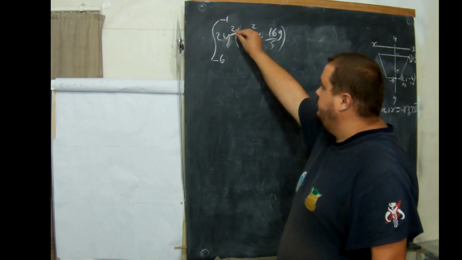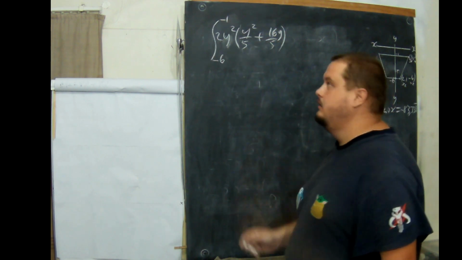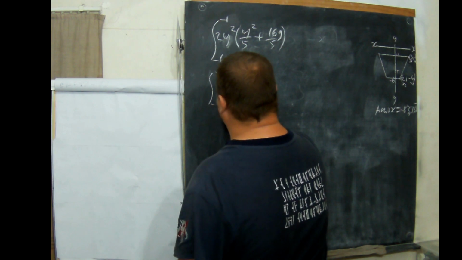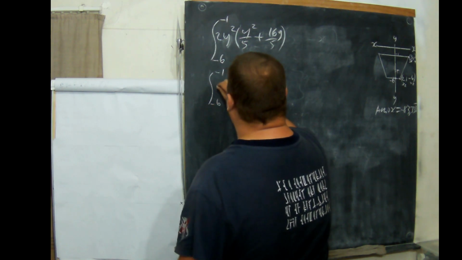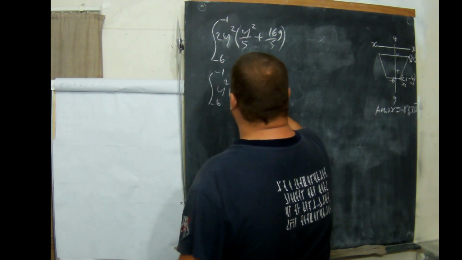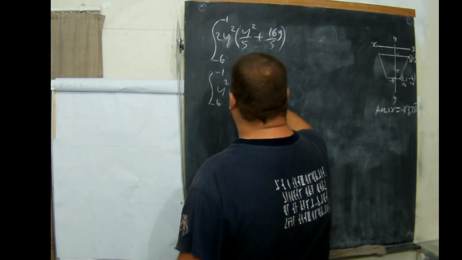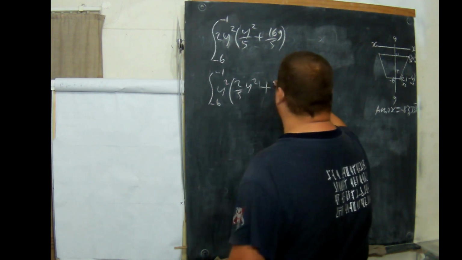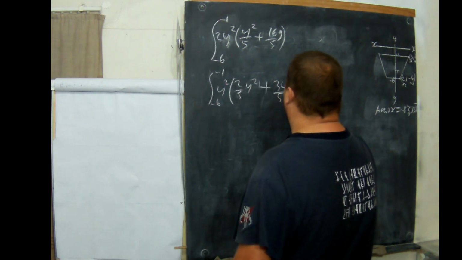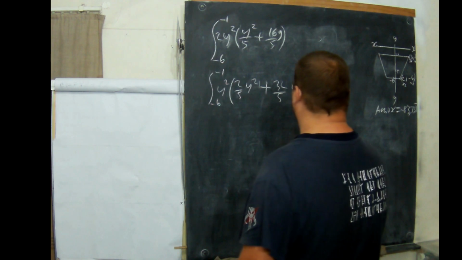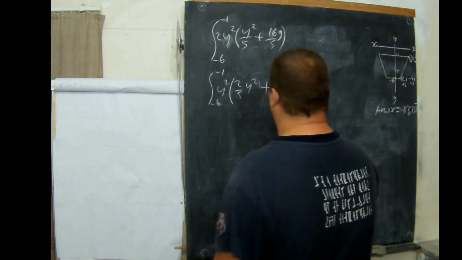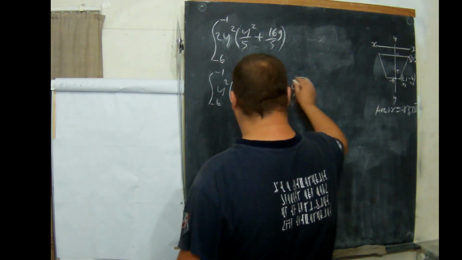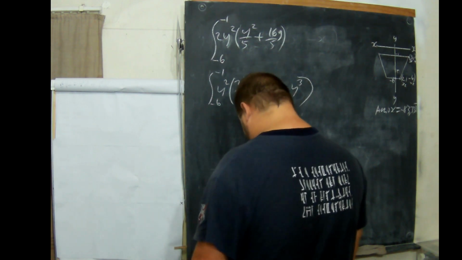We're going to multiply by 2 and y squared. So, let's multiply by 2 first, at the integral of -1 and -6. 2 over 5, y squared, plus 16 times 2, 32 over 5, y. Now we multiply by y squared. Y squared and y squared is y to the 4, and y cubed.